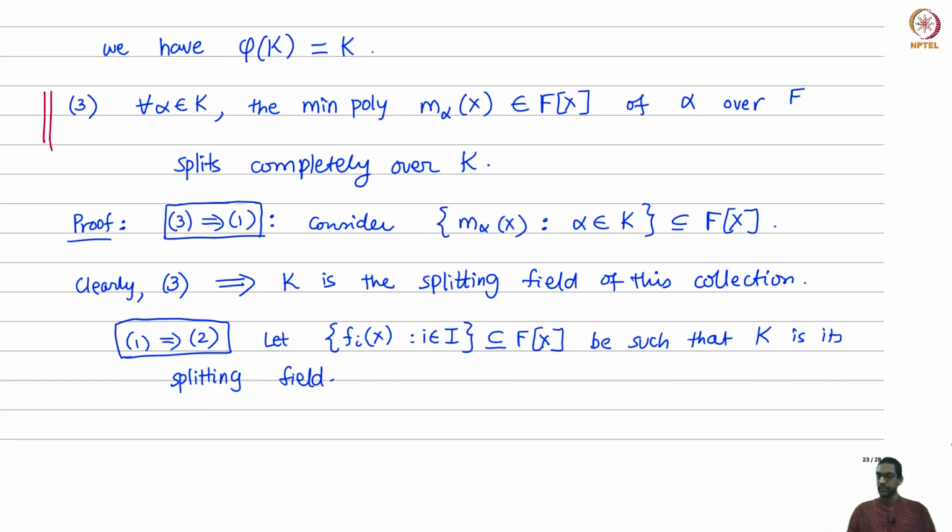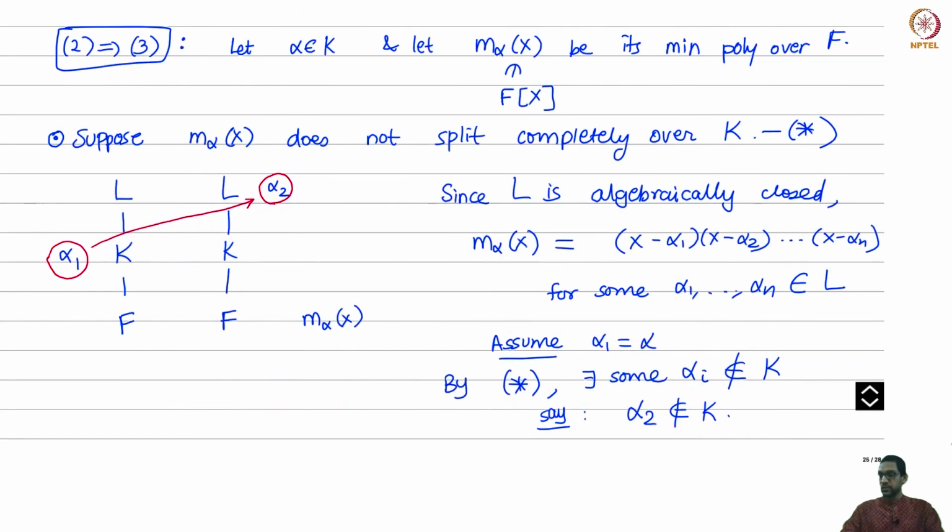It says that if your extension is normal, so it's the splitting field of a collection of polynomials, then every alpha in the field has a minimal polynomial which also splits completely. Alpha is of course one root of its minimal polynomial, and what we are saying is that all the roots of that minimal polynomial must actually belong to the field K. That's somewhat remarkable.